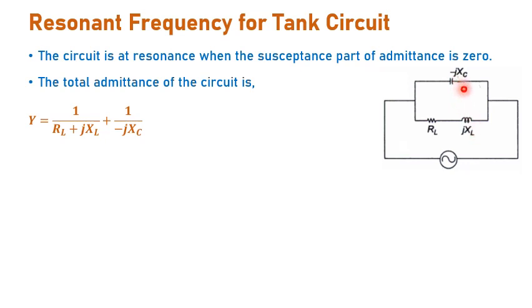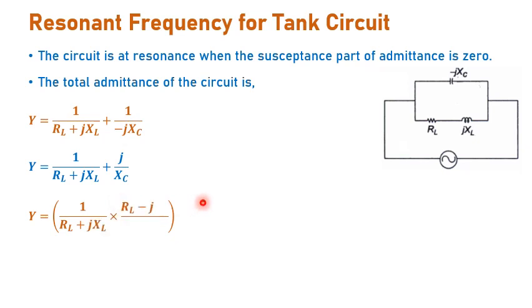Now, the total admittance is the sum of these two admittances. Hence, 1 by RL plus jXL plus 1 by minus jXC. Now, if we do some simplifications, when minus j goes to the numerator, it becomes plus j, and we need to separate the real part and imaginary part so that the imaginary part can be equated to 0 to achieve the condition for resonance.